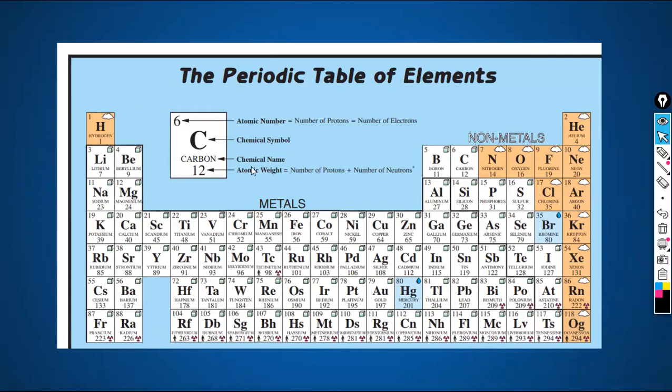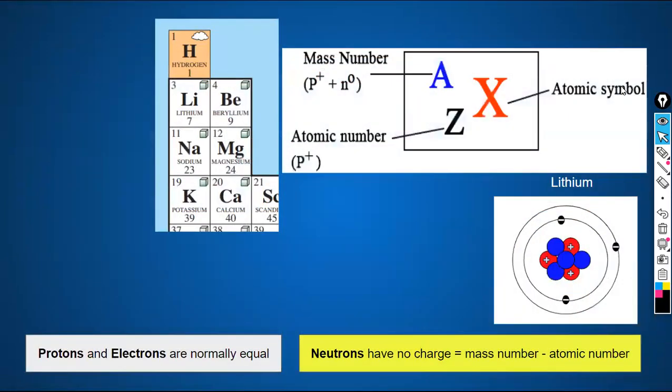So anyway, let's move on from this scary looking table, and let's do some quick basics. In your periodic table, here's a little snapshot of some of the elements like hydrogen, lithium, beryllium. On your periodic table, there's usually a small number. I'm going to choose lithium here, and there's usually a larger number.